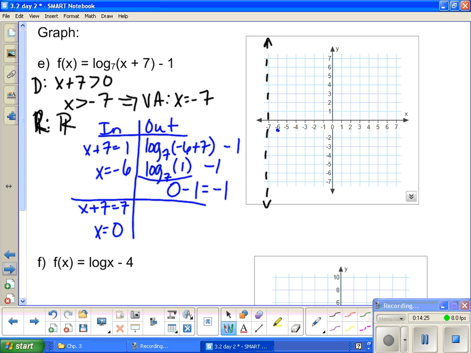Negative 1, closer right there. Okay, so let's plug in 0. Log base 7 of (0 plus 7) minus 1. Log base 7 of 7 minus 1. Well, we know log base 7 of 7 is 1, and 1 minus 1 is equal to 0. So we're at the origin, 0, 0. And here's our log graph.